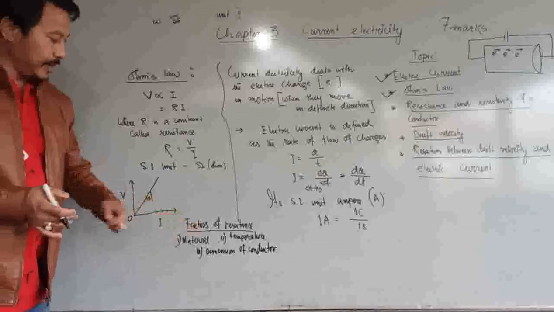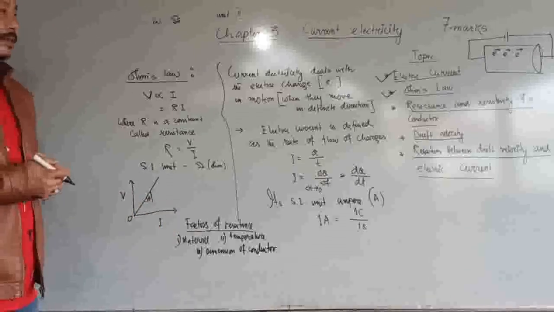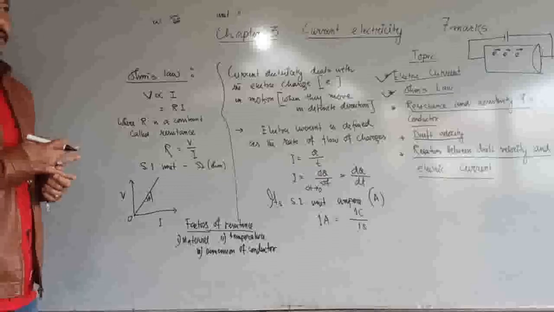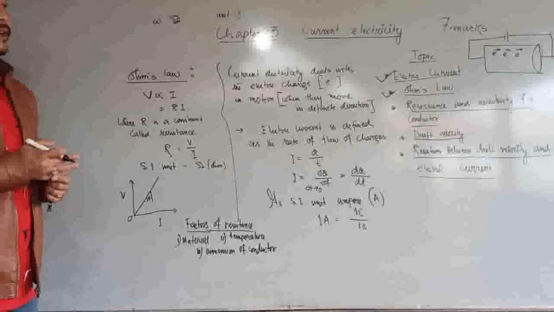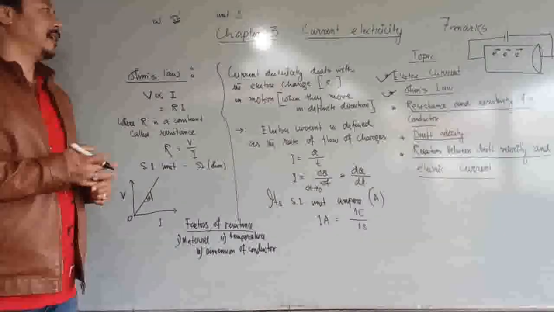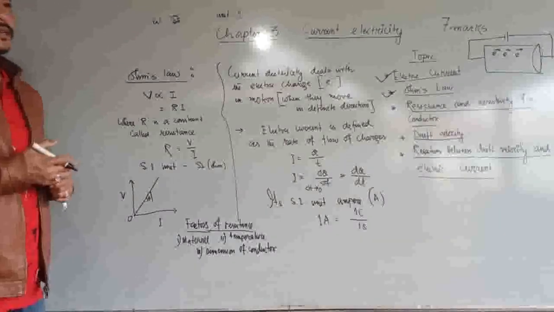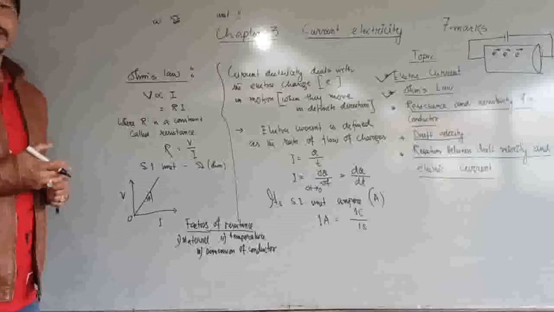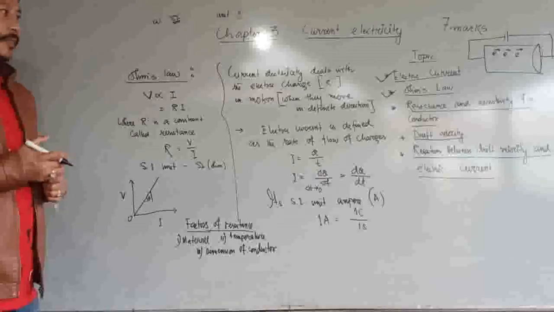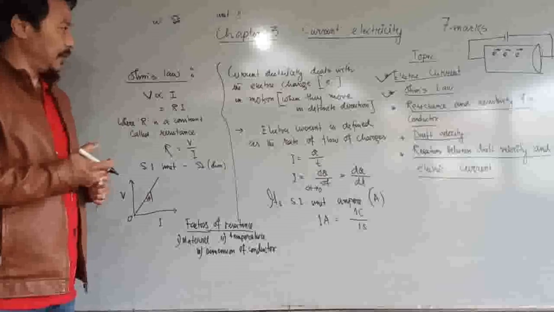For good conductors the resistance is low, and for an insulator it is high.